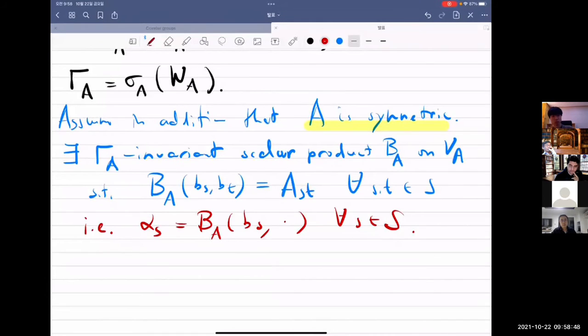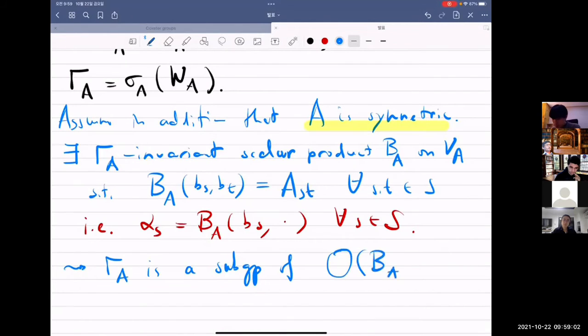Okay. So in this case, now gamma A is a subgroup of the orthogonal group O(BA). Okay, so BA is a scalar product, right?